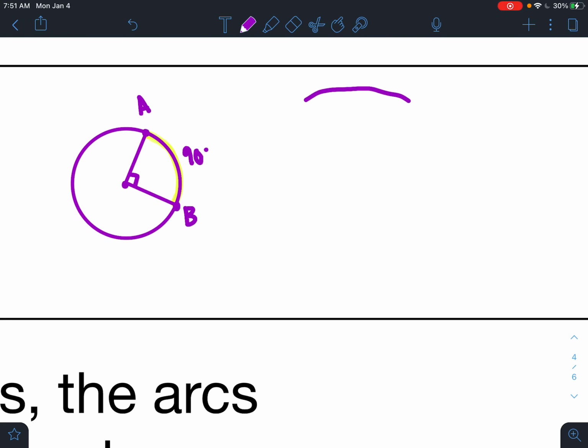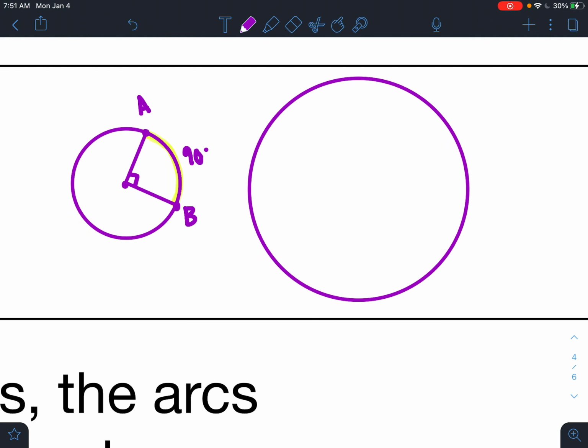Now what I'm going to do is draw an even bigger circle. I'm going to again mark in the center and make another central angle that is 90 degrees.